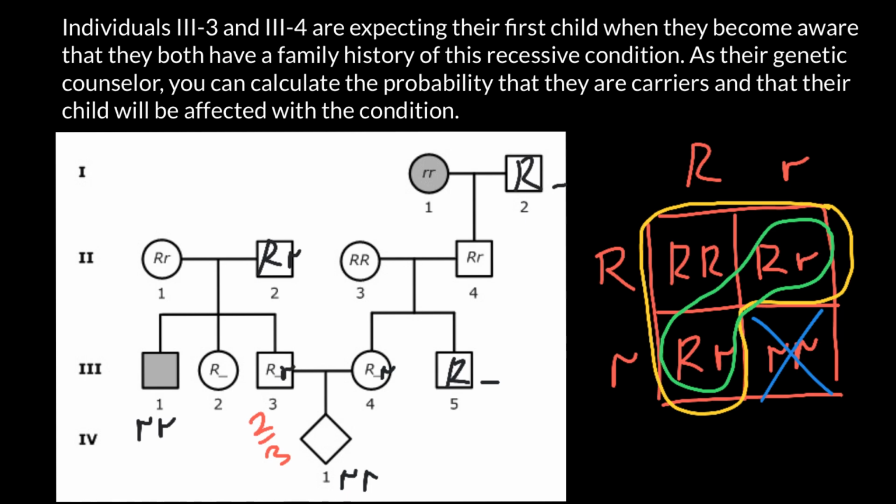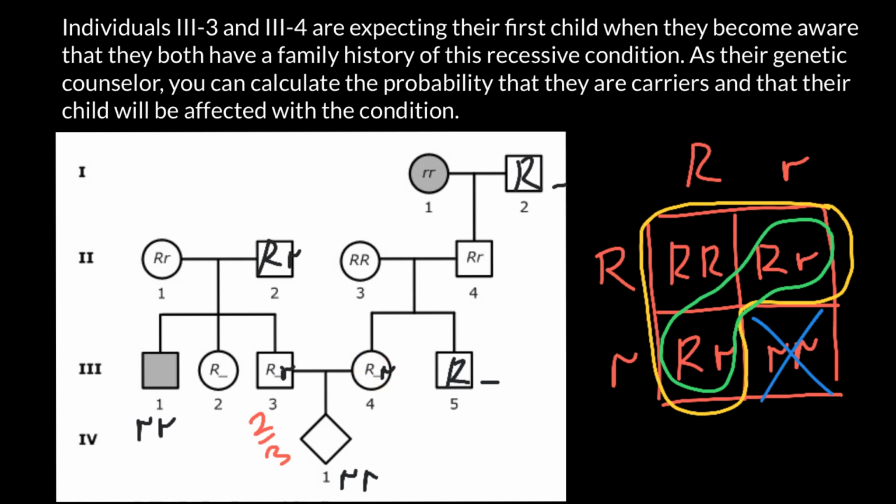Once again, this male can inherit a dominant allele from his mother's side, and a dominant or recessive allele from the father's side, so his phenotype anyway would be normal. So what is the probability for this female to be heterozygous?